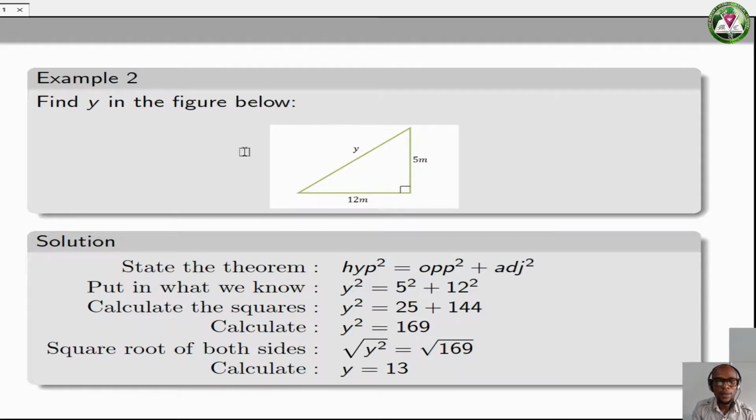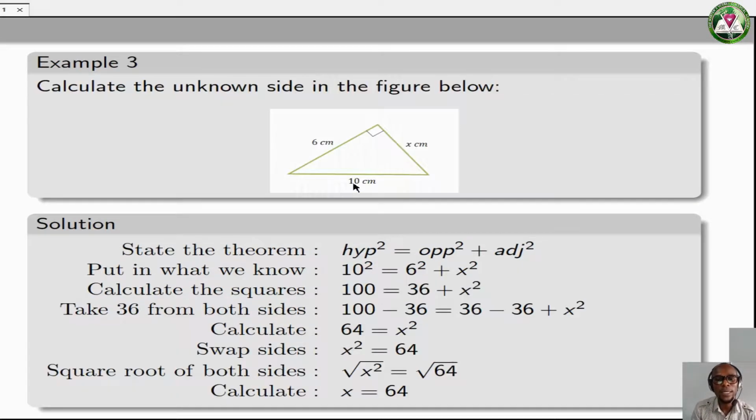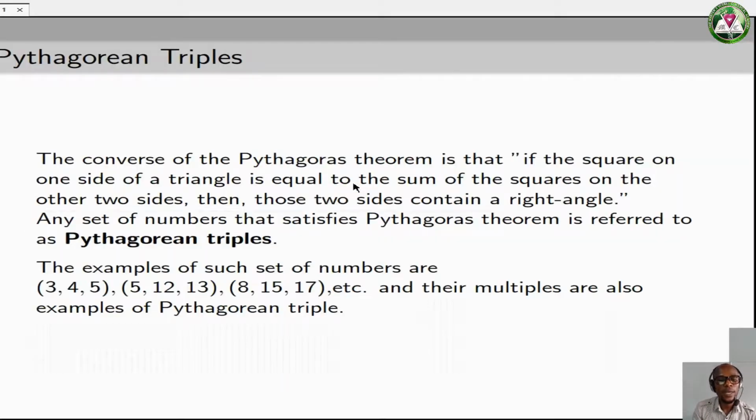That is, the Pythagorean triple in this diagram will be 13, 5, and 12. So that's what we'll be looking at in this section. Examples of such sets of numbers are 3, 4, 5; 5, 12, and 13; 8, 15, and 17, etc. And their multiples are also examples of Pythagorean triples.